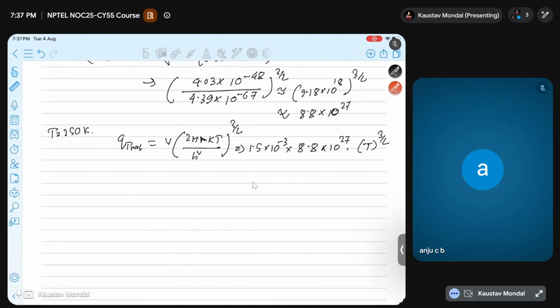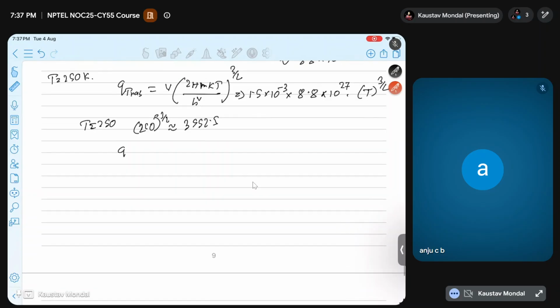Here T is 250 Kelvin, so 250 to the power 3 by 2 is roughly 3952.5. That means Q trans would be 1.5 into 10 to the power minus 3 into 8.8 into 10 to the power 27 into 3952.5. If you do this calculation, you will get Q translation around 5.22 into 10 to the power 28.